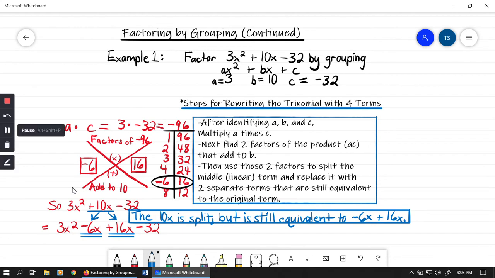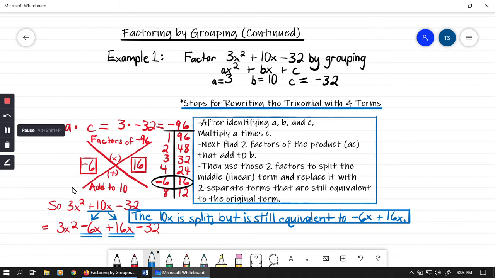In that last video that I made, I showed you the steps for factoring by grouping, where first you have to group the first two terms and the last two terms using parentheses. Next, you have to take out the GCFs from both of those groups.